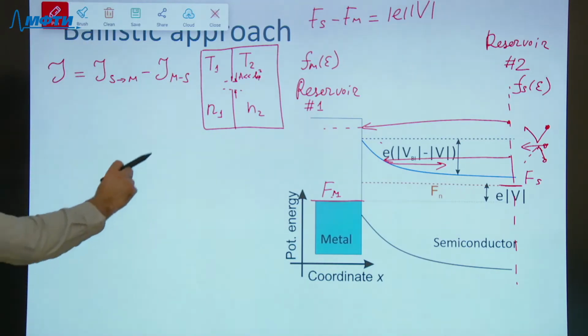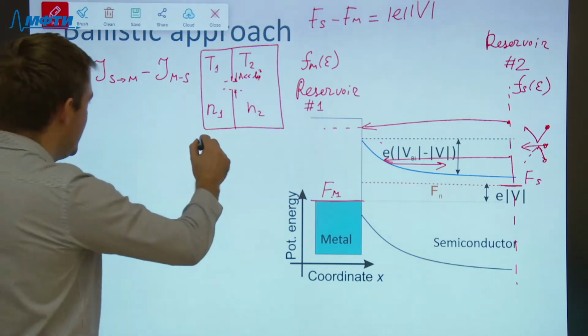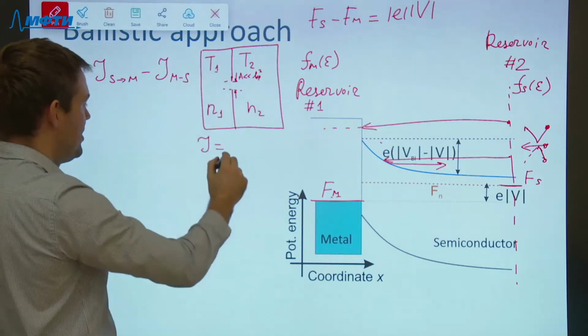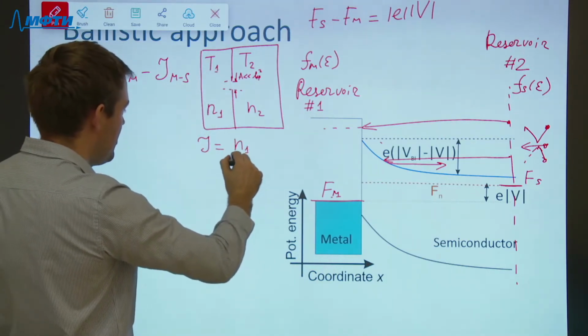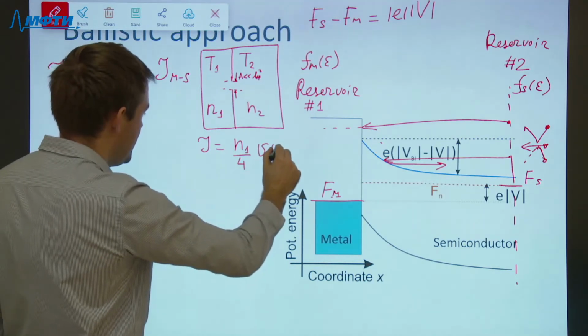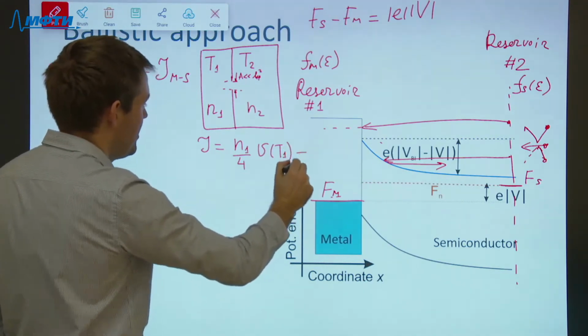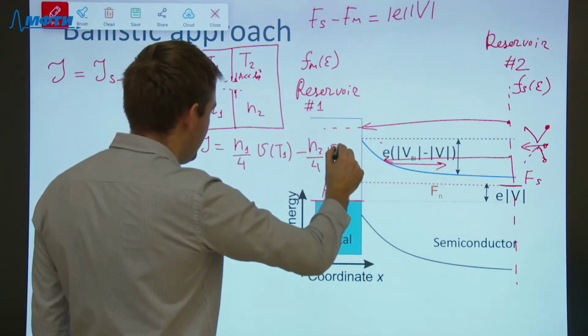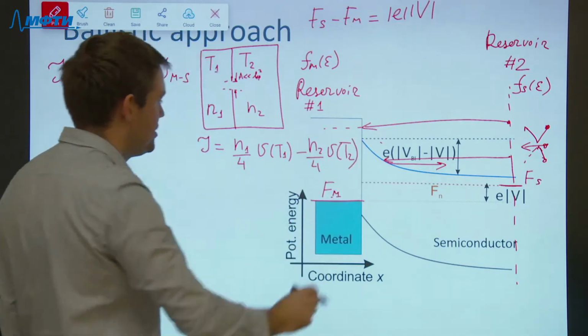It could be derived from Maxwellian distribution. In this case, the flux from left to right was equal to N1 divided by 4 multiplied by thermal velocity at temperature T1, and the opposite flux was N2 divided by 4 times thermal velocity at temperature T2.